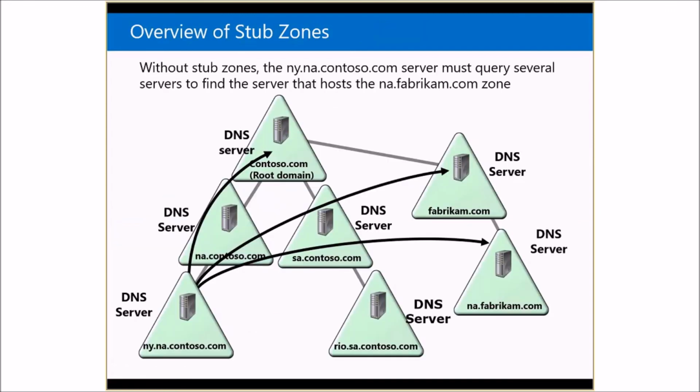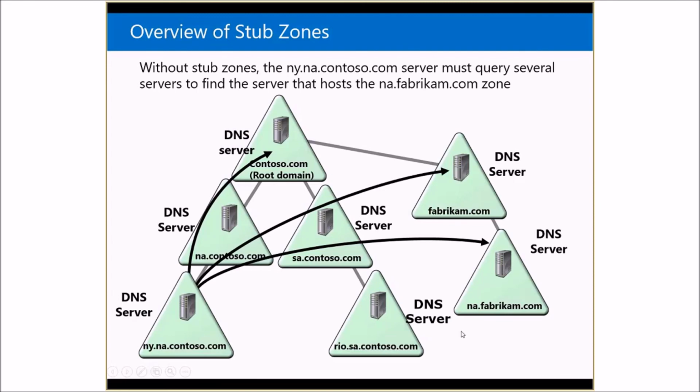And a stub zone. Remember we spoke about stub zones, but we didn't really explain it that well. Let's imagine we have another company, let's say na.fabricant.com, and our clients are always requesting resources from there.